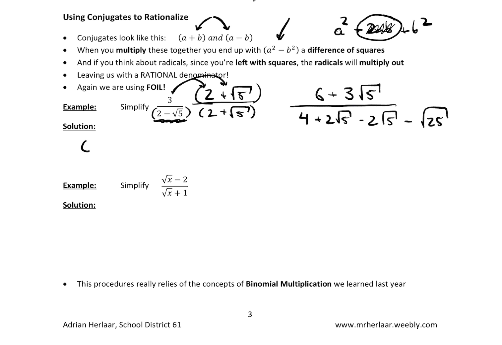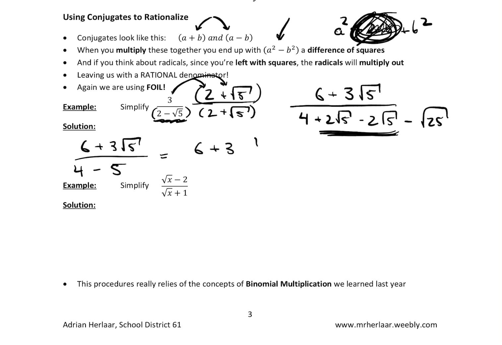So why does this work? Because it simplifies to 6 plus 3 root 5 over 4. This cancels with this, which is exactly what we wanted, right? That's this bit going away. That's why we use the conjugate. And then 4 minus 5. So you get 6 plus 3 root 5 over negative 1, which simplifies to negative 1 times 6 plus 3 root 5.